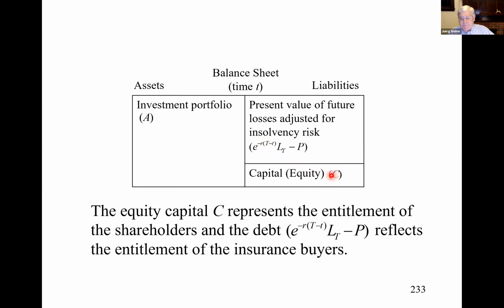So the equity capital represents the entitlement of the shareholders, and the debt, this here, represents the entitlement of the insurance buyers. They are entitled to the insurance payouts adjusted for the insolvency put.